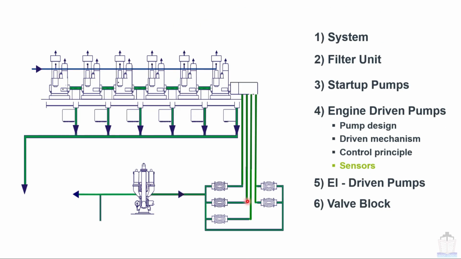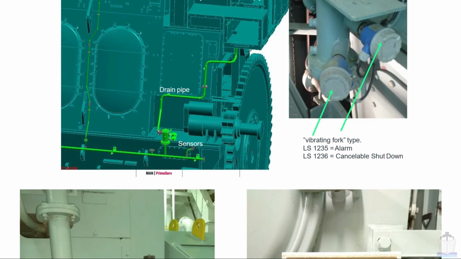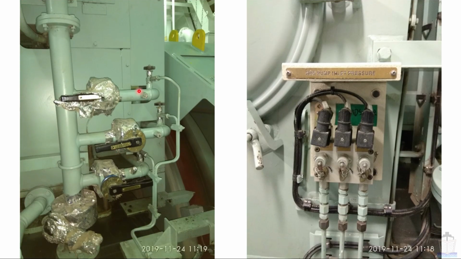Now we are going to talk about the next topic, that is sensors. Regarding this sensor, we have already discussed before. I just want to show you once again. This one is for alarm purpose and this one is for shutdown purpose. In the left picture, you can see there are 3 pipes.